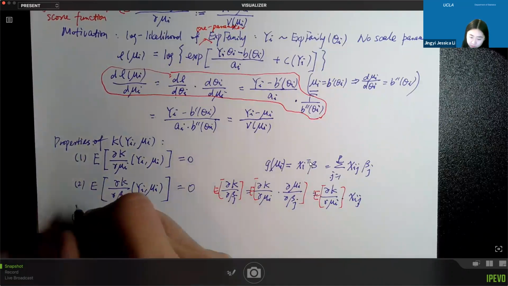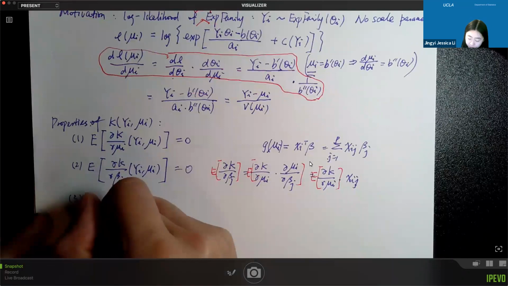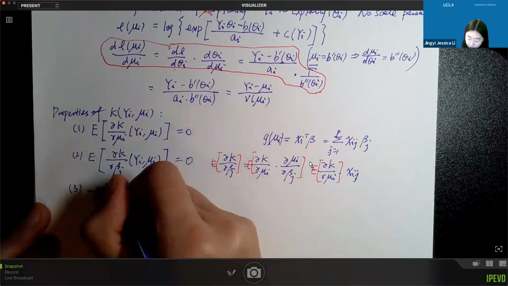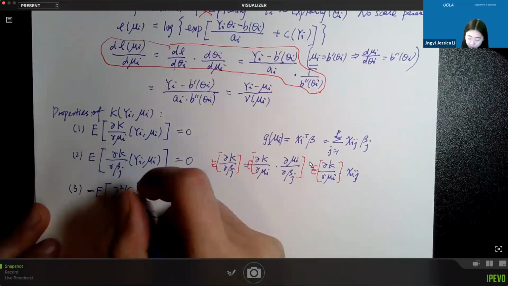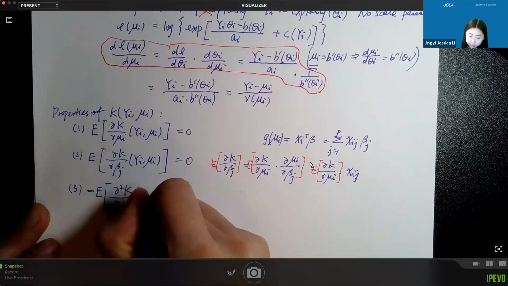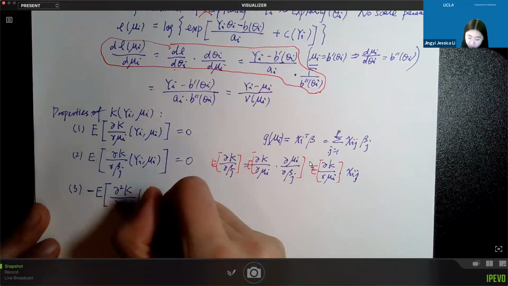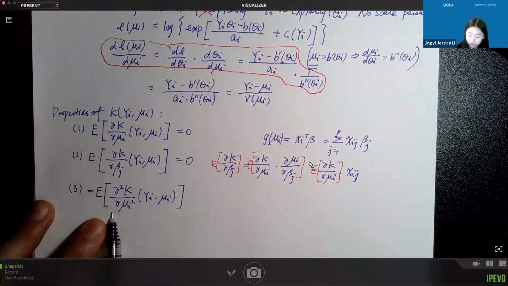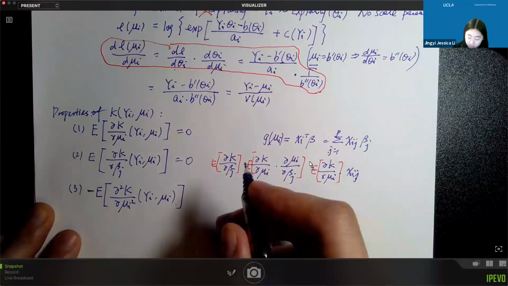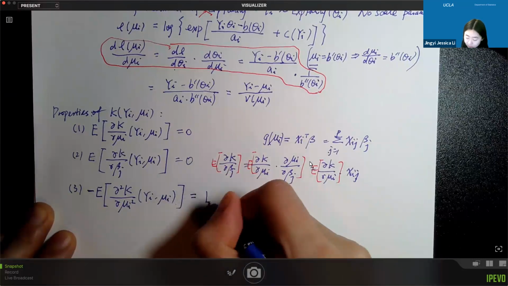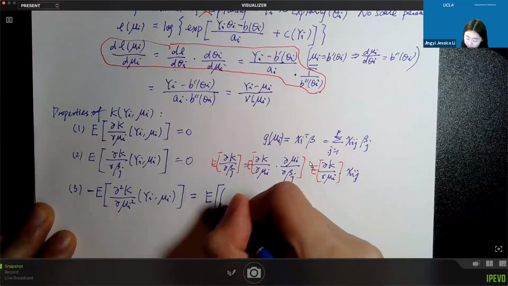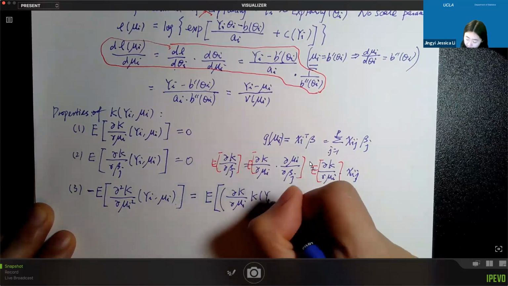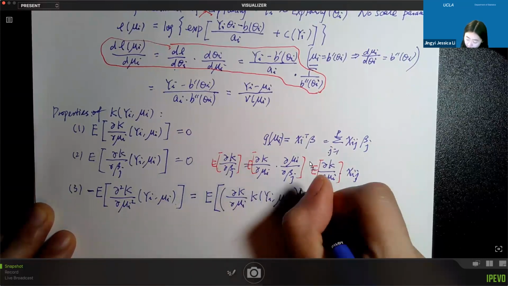So we still have this property: if we take the Fisher information, the negative of partial square K over partial mu_i square of (y_i, mu_i), now this is a scalar because mu_i is just one-dimensional, this is equal to the expectation of the square of partial K over partial mu_i of (y_i, mu_i).